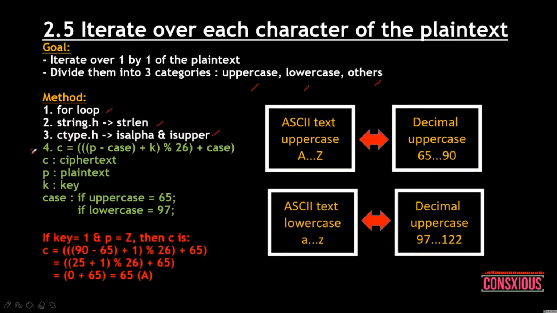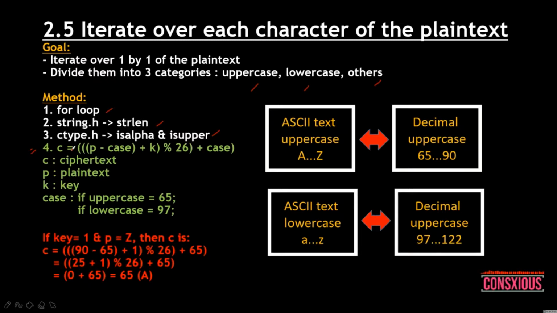This is the formula here. It's slightly different from the formula that CS50 gave. I'm not sure whether you have the same formula as me. This is what I created.